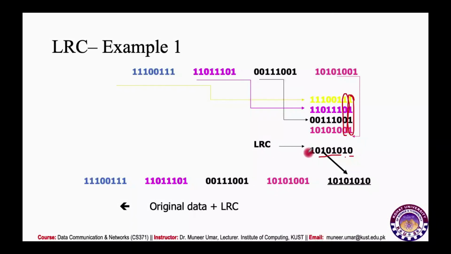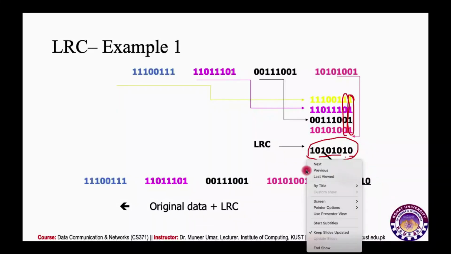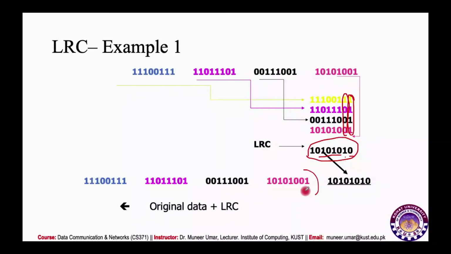So this one is actually the LRC, and this LRC is appended with this actual data, and it is transmitted. So the original data plus LRC is transmitted, and at the receiving end, the receiving device calculates the even or odd numbers according to these blocks and these parity bits and concludes a result.